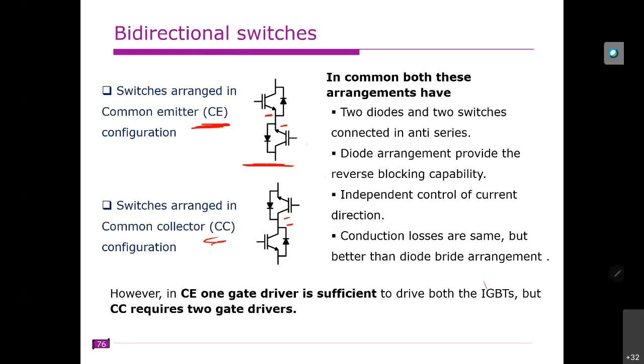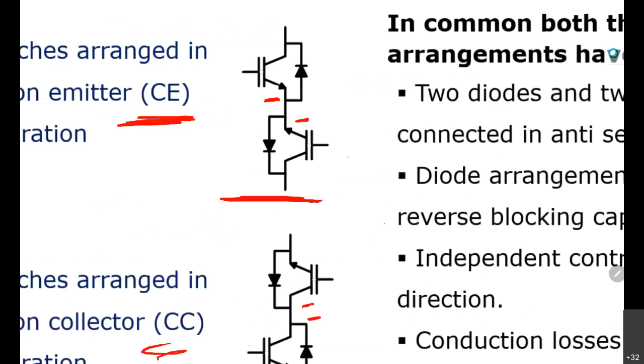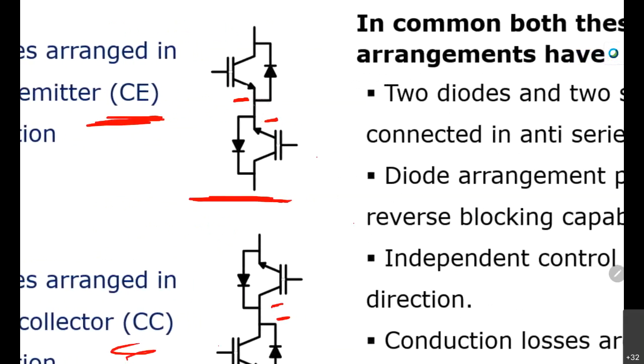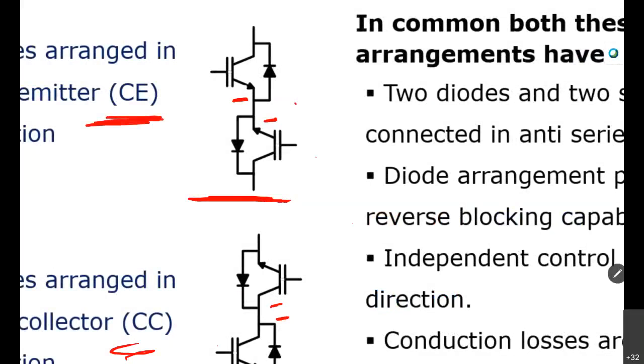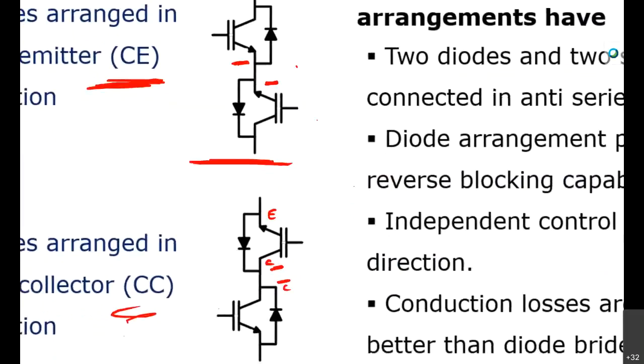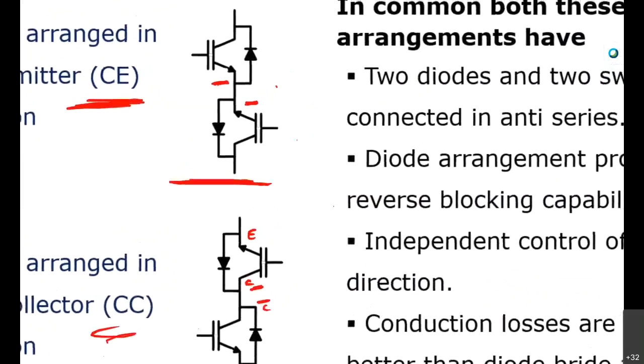See here, these arrow marks are connected. This is the emitter for this IGBT, so this is common emitter. Whereas this is the collector, so the collectors are common here. So one is the common emitter configuration and another one is the common collector configuration.